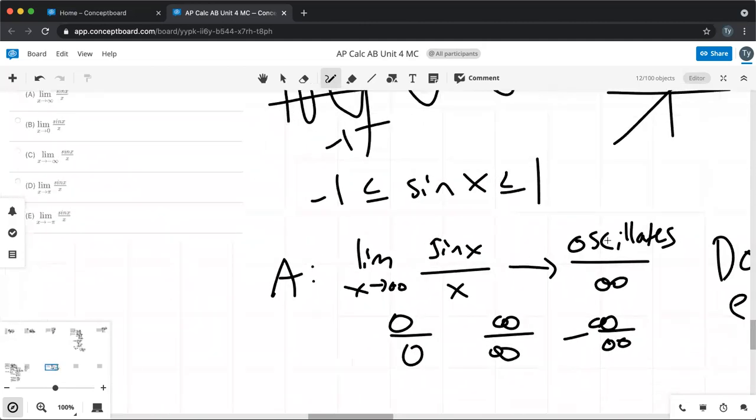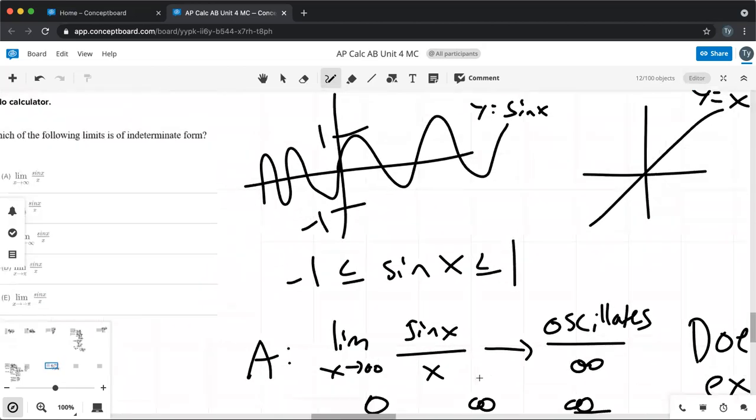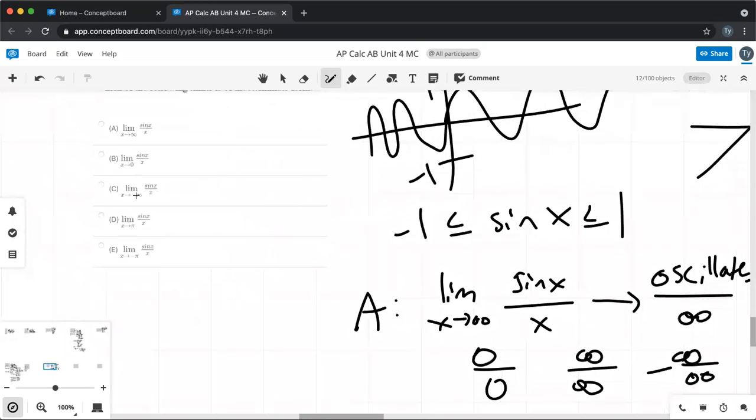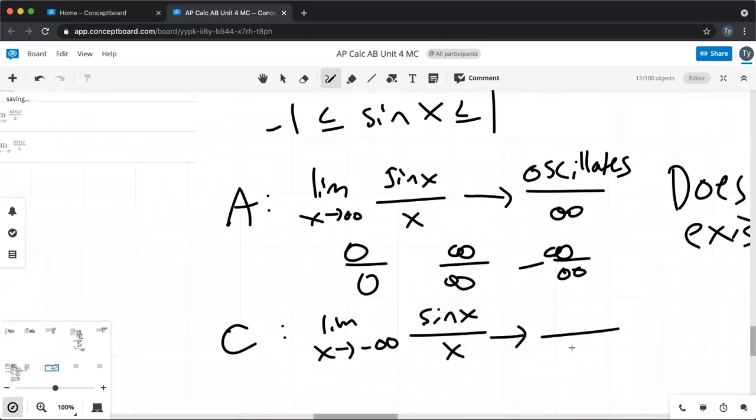Anyway, sine of x oscillates as x approaches infinity. It's never going to settle down. That means this doesn't exist. And if we look at part C, skipping B for a moment, it's exactly the same, except our limit is going to x to negative infinity. But really, that's going to have the same behavior.